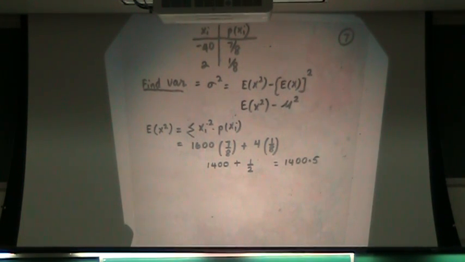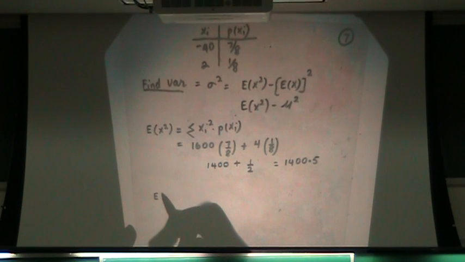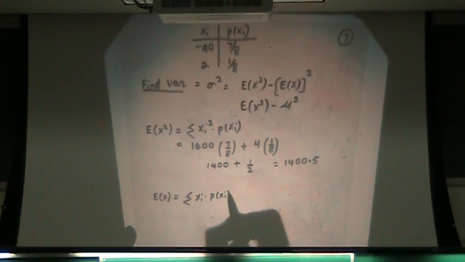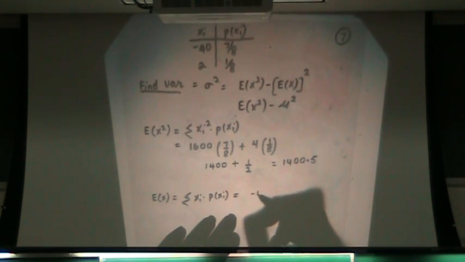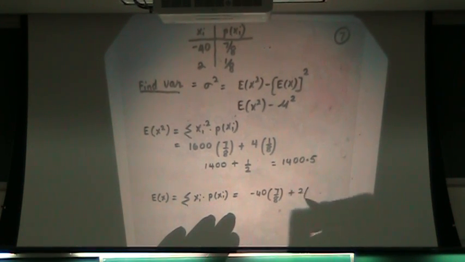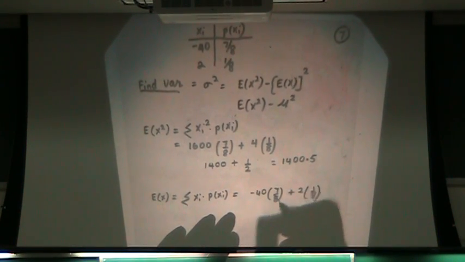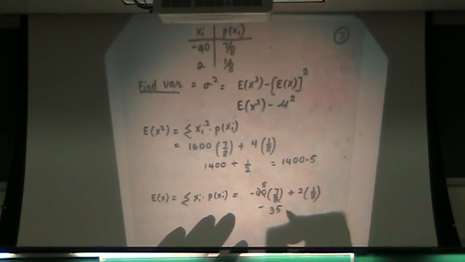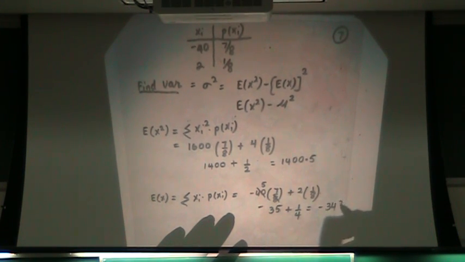So I forgot what my E of x is, so I'll just find it again. E of x is summation xi p of xi. So that is minus 40 times 7/8 plus 2 times 1/8. So minus 35 plus 1/4 is minus 34 3/4. I found this before.